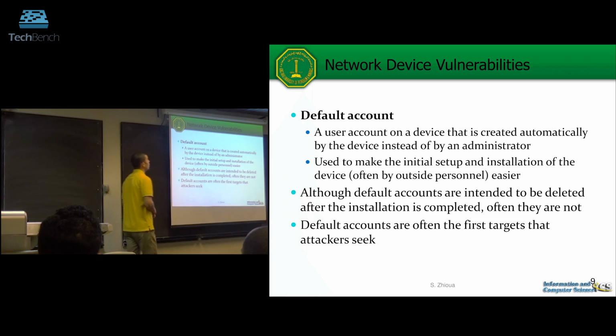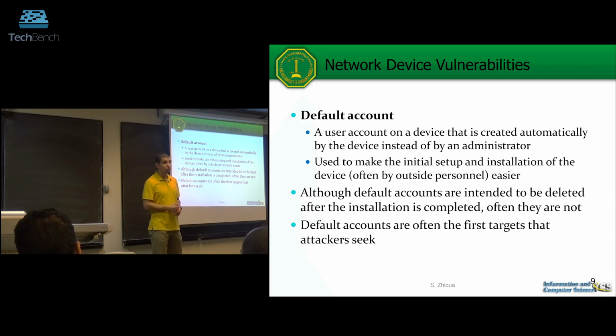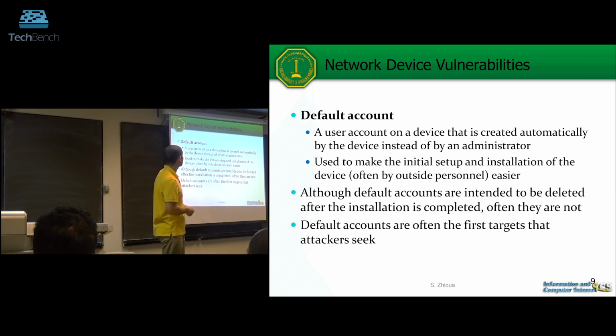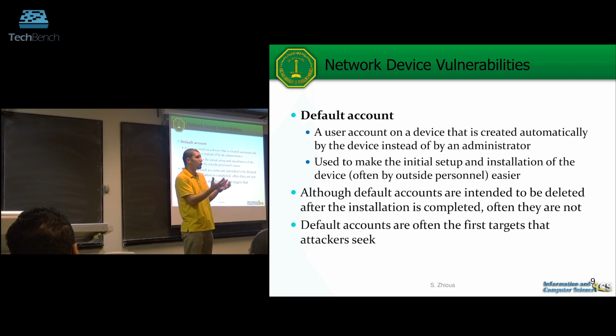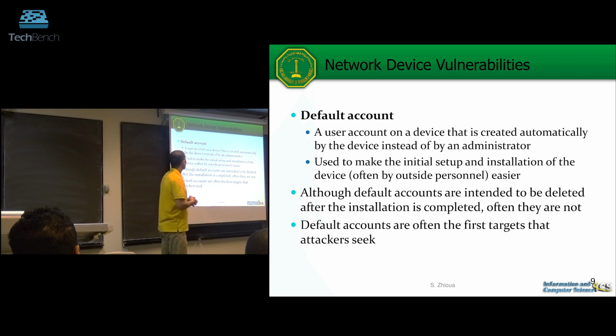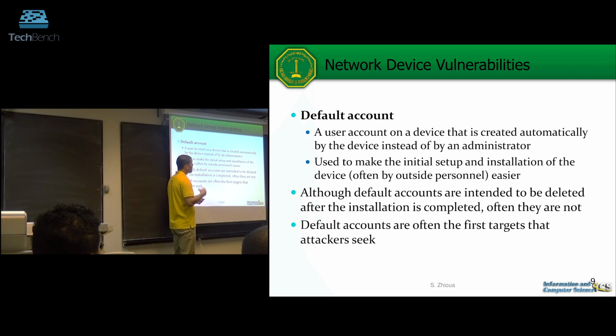One way of network intrusion is to take advantage of or compromise a network device. I think there is a tutorial session about this. Okay, compromising network devices. So here you have a network, a lot of network devices like the routers, the switches, all that. You can compromise those network devices by using a default password.